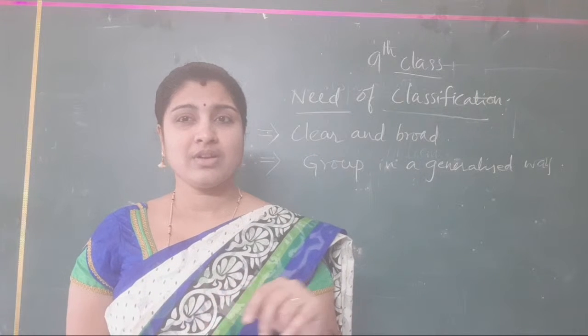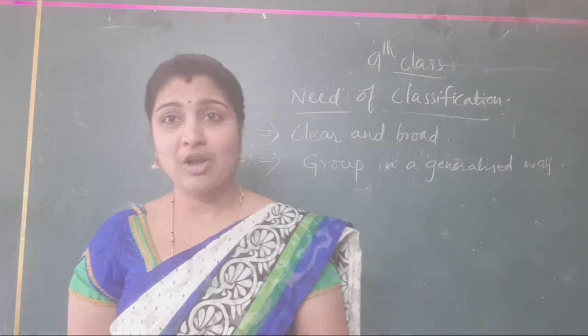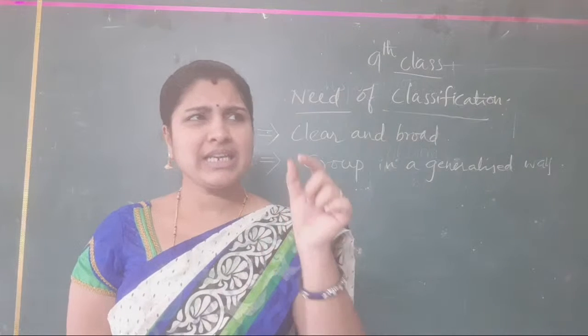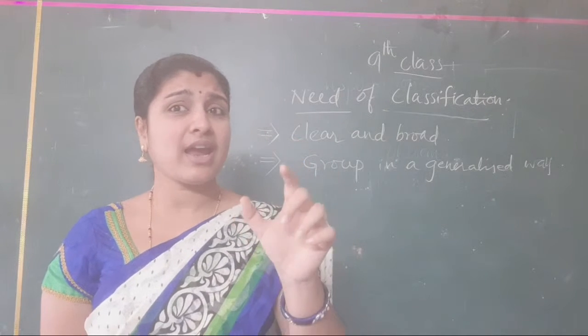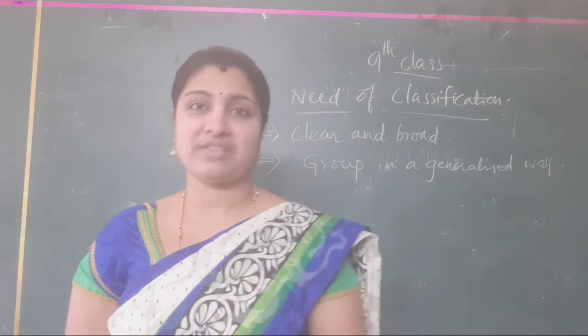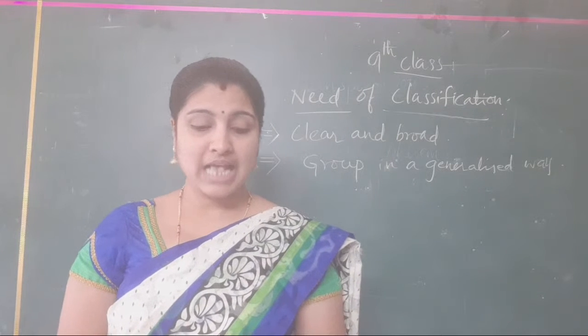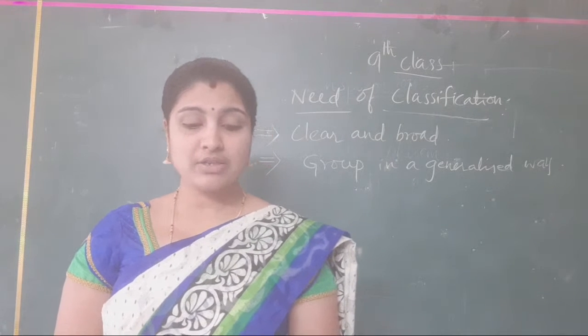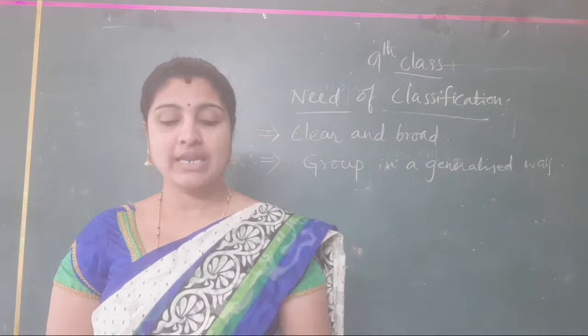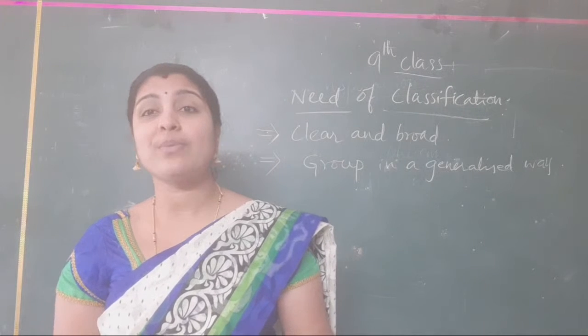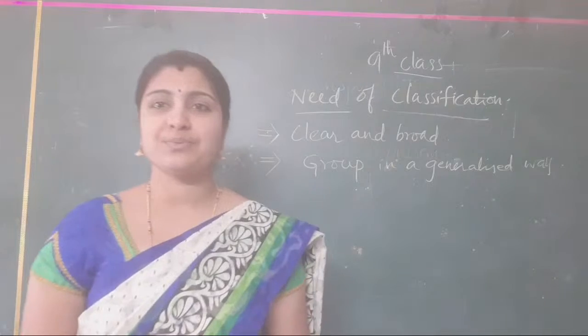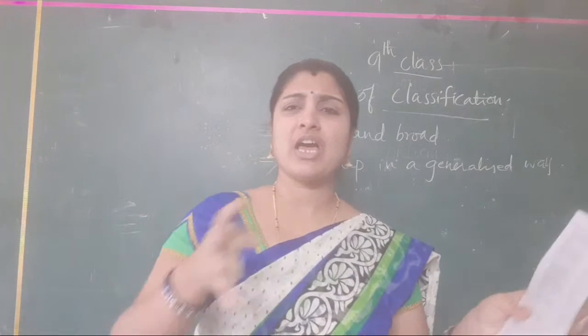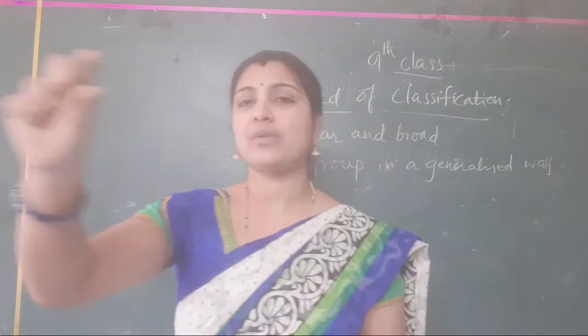Either it belongs to monocots or it belongs to dicots. So each and every point you are focusing on and grouping them into different sections. So classification makes our study more focused and helps us to handle a huge population of organisms. So the huge population we are grouping into one and calling it monocots.